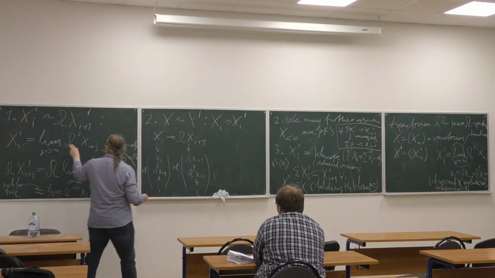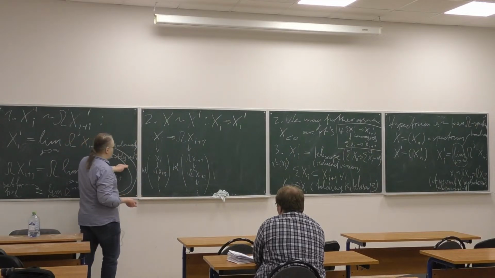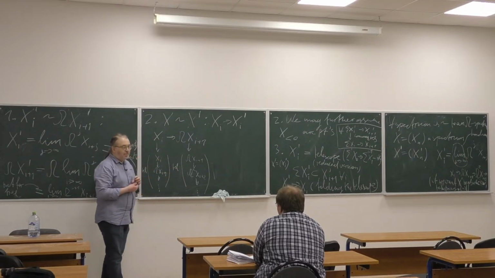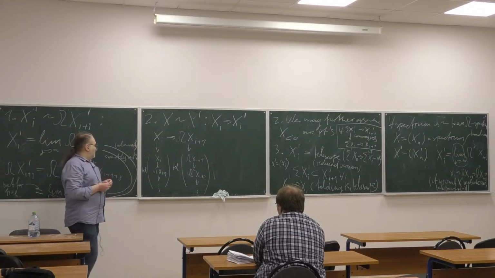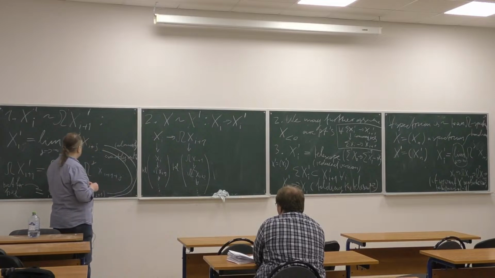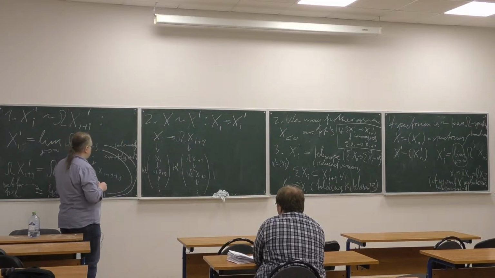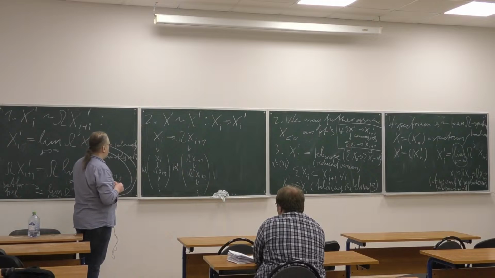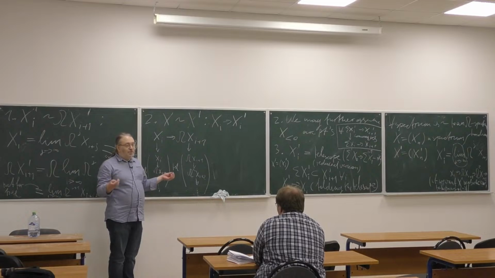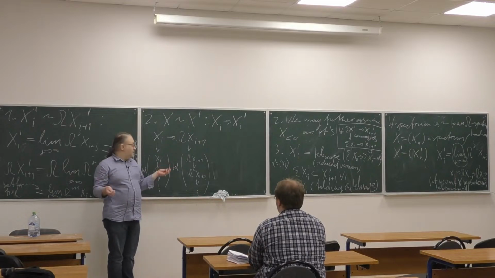Now, by looking at this equality, what does the map of the telescopes do? Well, it's sort of clear what the map of the telescopes does.